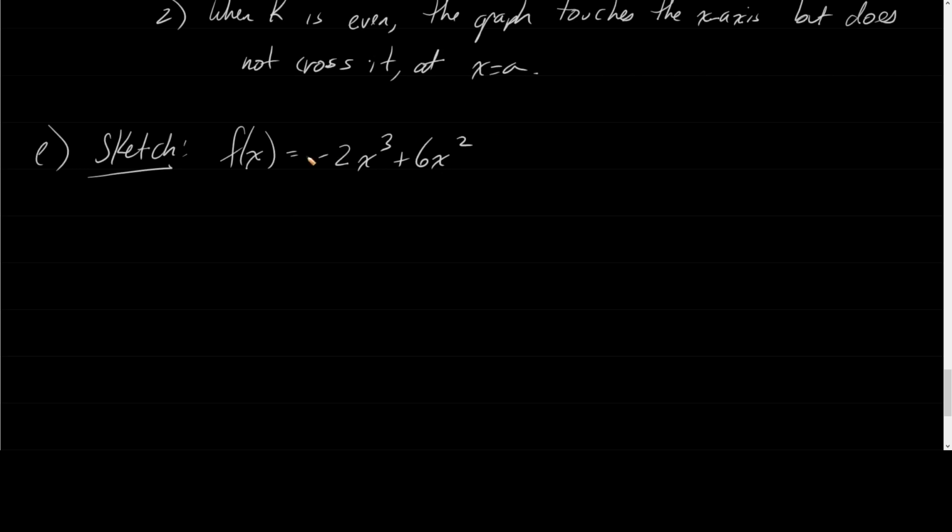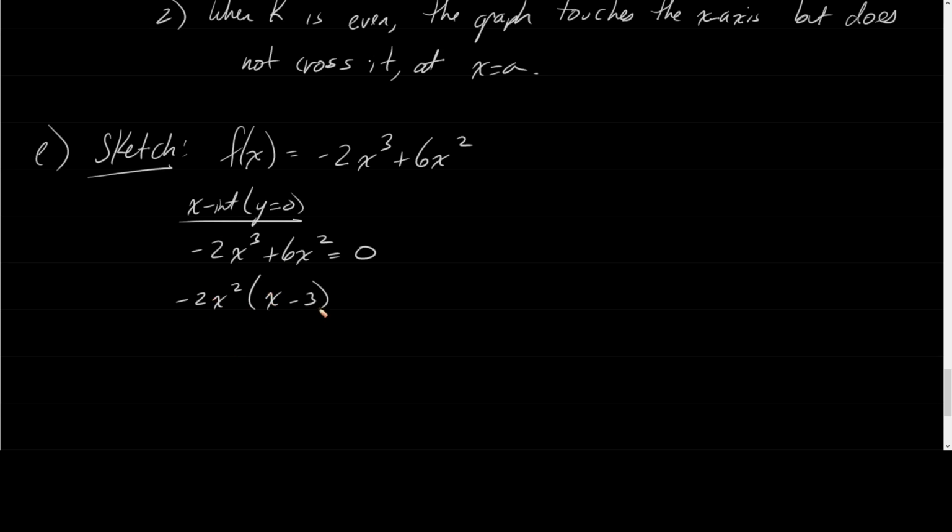To do that, we must first find the zeros, in other words, all the x-intercepts, which is where y is equal to 0. So I'm going to have negative 2x cubed plus 6x squared, set equal to 0. Let's take out a negative 2x squared, and I'm left with x minus 3 equaling 0. From here, this gives me that x is equal to 0. From here, this gives me that x is equal to 3.